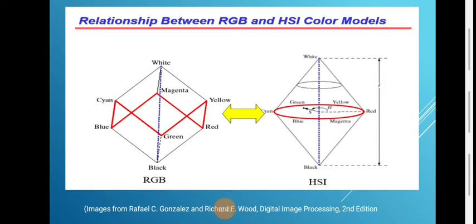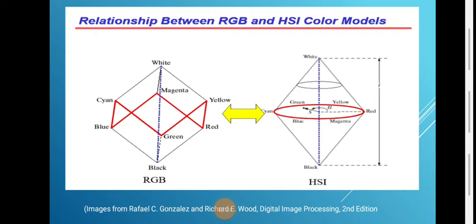By rotating the shaded plane about the vertical axis, we can obtain different hues. We will see the geometrical representations and formulas in later slides.